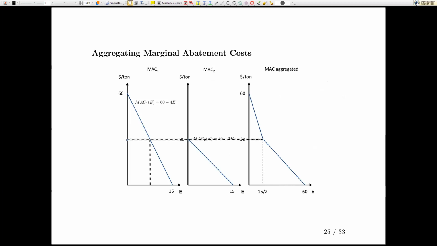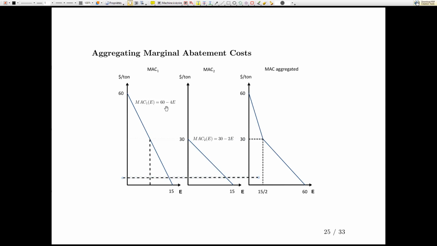What we're asking here is, what if we thought that paying $30 per ton to abate was a good idea? How much in total would we be able to abate? So we see that if we don't ask anybody to abate anything, so we have two firms, by the way. So this is firm one's marginal abatement cost.